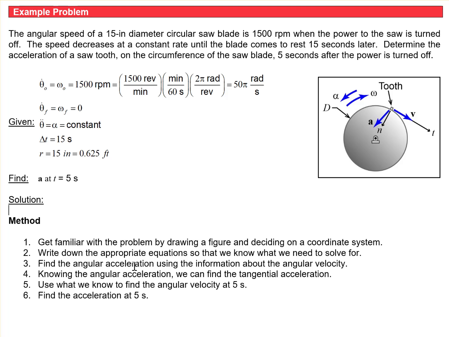We'll find the angular acceleration because even though we know it's constant, we don't know what it is. And then using the angular acceleration, we can find the angular velocity at any time. So we want 5 seconds, but we can do it at any time. And we can also, from the angular acceleration, find the tangential acceleration. And then we can use all that information to get what we need to know at 5 seconds.